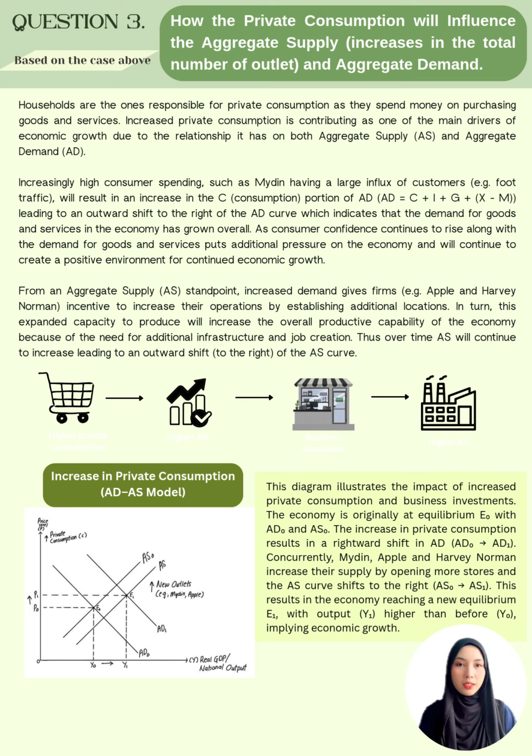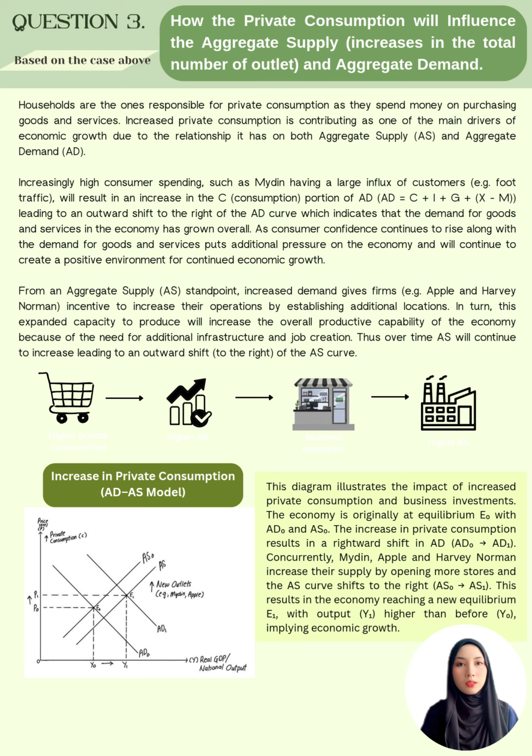Next, higher demand encourages firms to respond. Businesses such as Apple and Harvey Norman will expand their operations, for example, by opening more outlets. This increases production capacity and creates more job opportunities. From the aggregate supply perspective, this expansion leads to an increase in overall productivity.